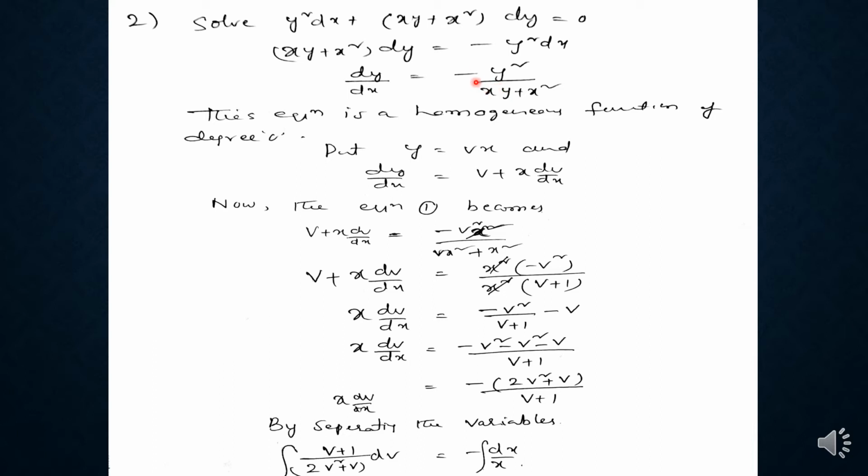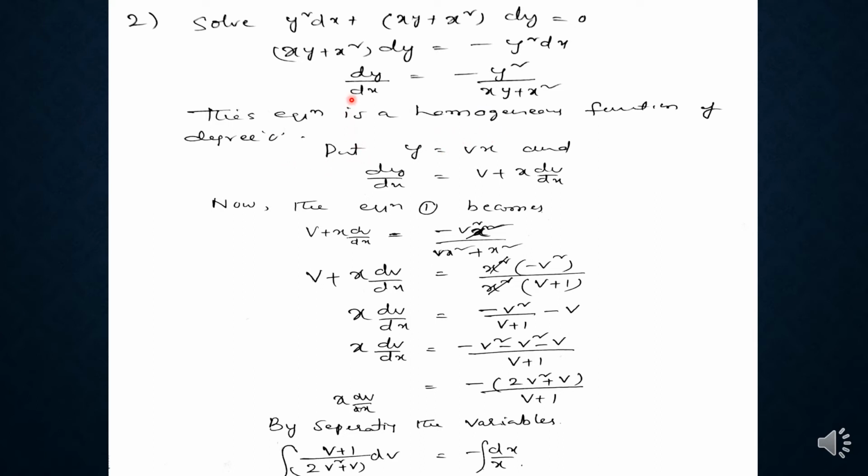If we check this function, in the numerator, y square is there. What is the degree of this term? That is 2. So in the denominator, we can see two terms. What is the degree of the first term? That is x1, y1, that is 1 plus 1, that is 2. So the degree of the first term is 2, and the degree of the second term is also 2. So this is a homogeneous differential equation. So this equation is a homogeneous function of degree 0.